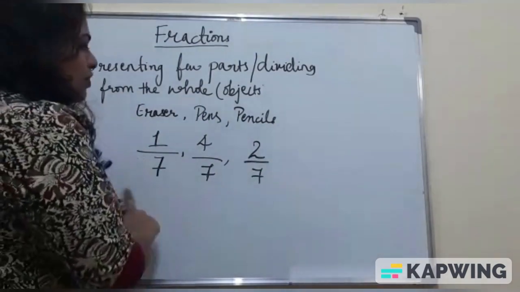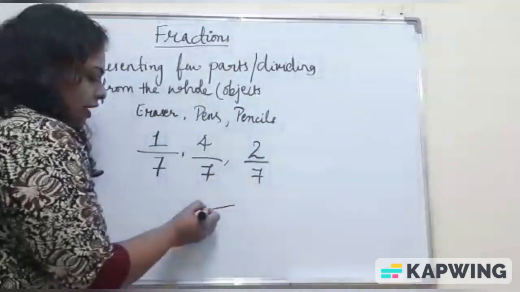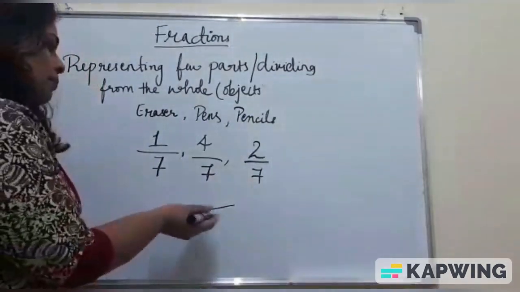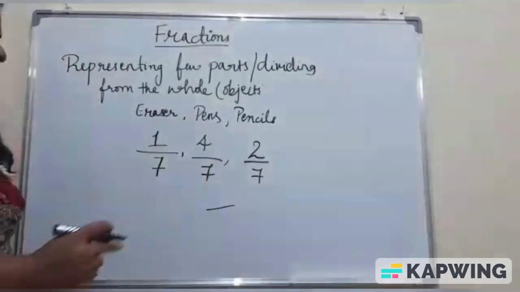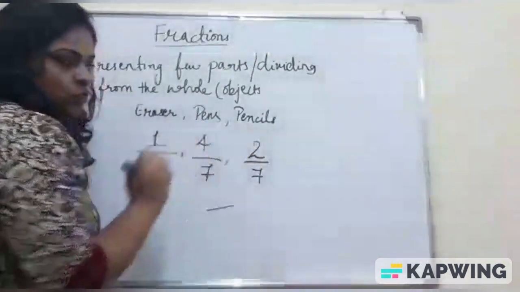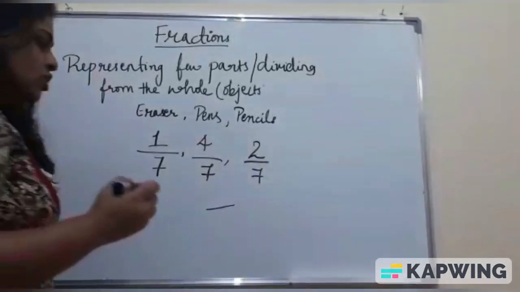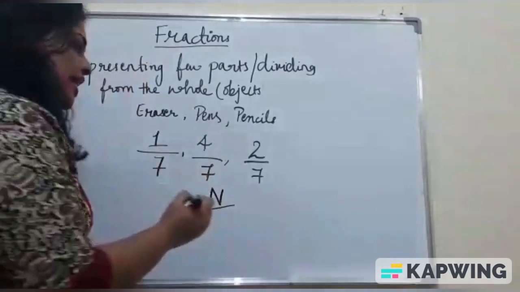So these kinds of numbers are represented by a line, with one number above the line and one number below the line. Now the number above the line, that is 1, 4 and 2, is always represented by n. What is that n known as?